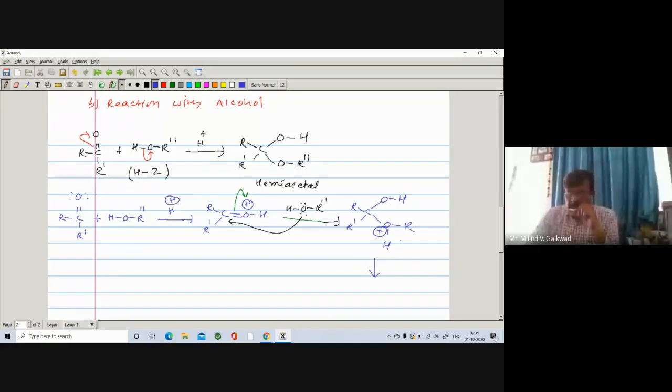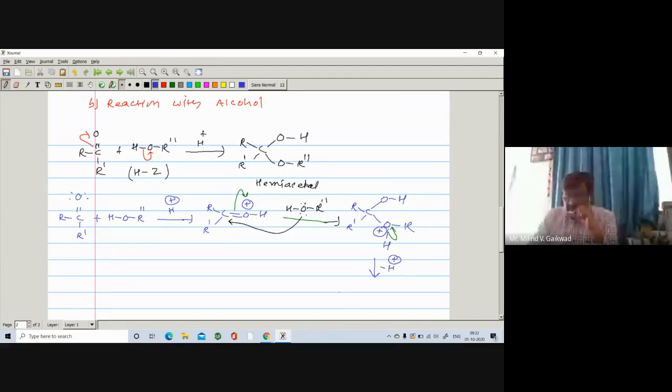So the sigma bond will open on the oxygen. There is a neutralization of the positive charge, and there is a deprotonation that takes place. So there is a removal of H positive.